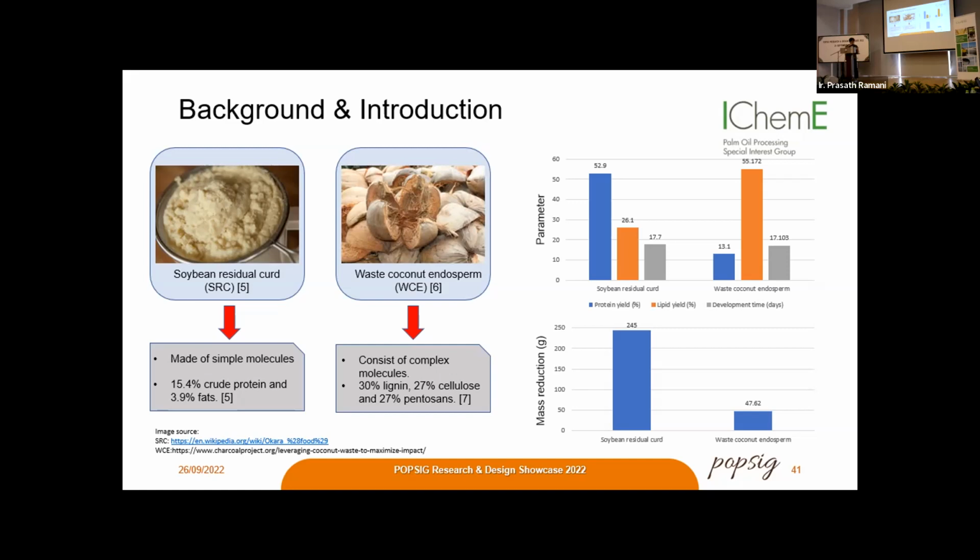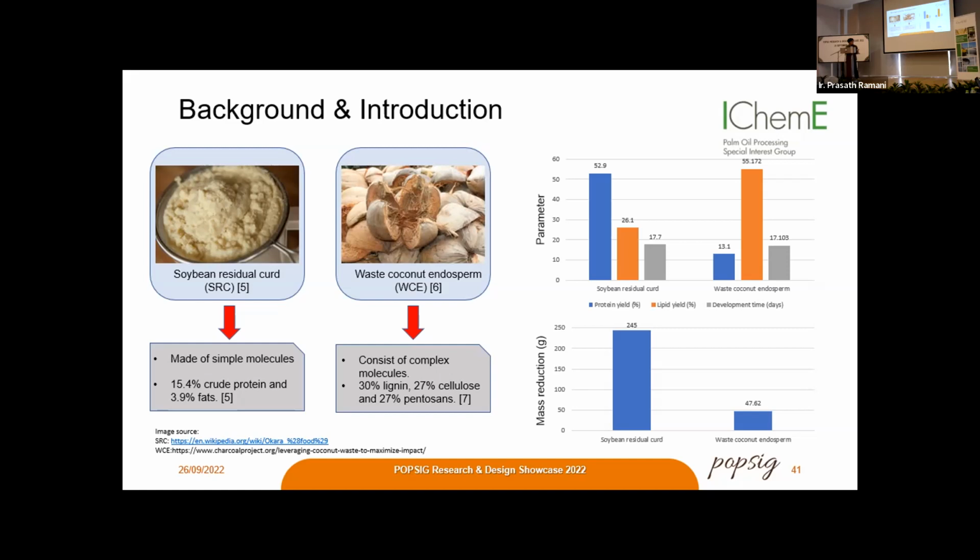SRC is mainly made of simple molecules with 15.4% crude protein and 3.9% fats, while WCE contains mainly complex molecules with 30% lignin, 27% cellulose, and 27% pentosans.